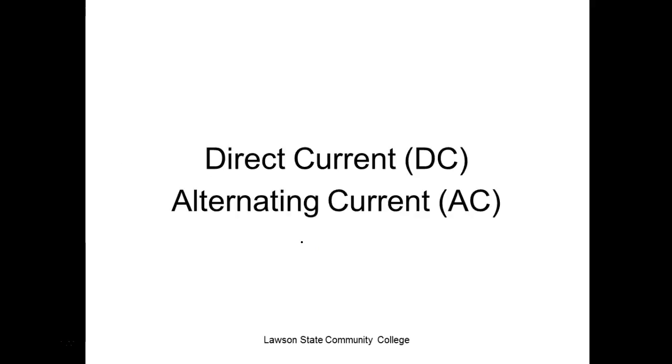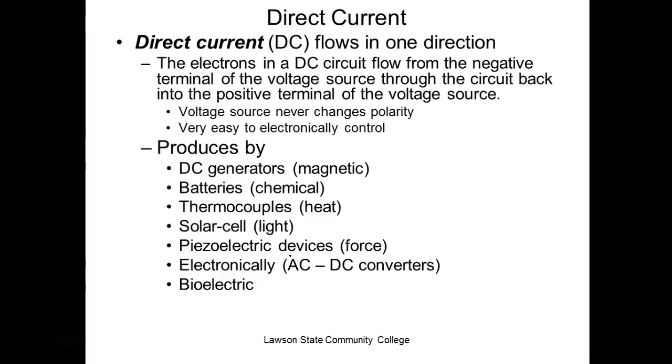Coming back to you. DC and AC. We have two types of current. We have direct current and we have alternating current. A direct current flows in one direction. The electrons in a DC circuit flow from the negative terminal to the positive terminal.